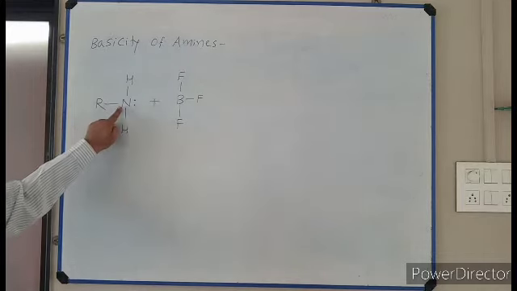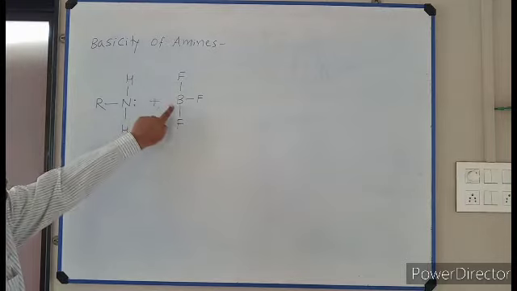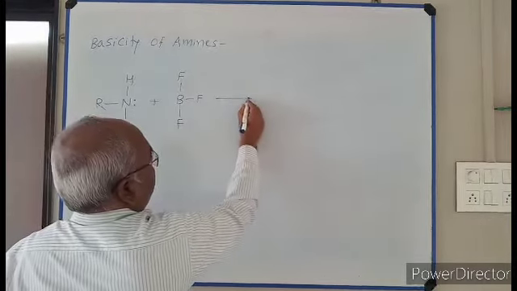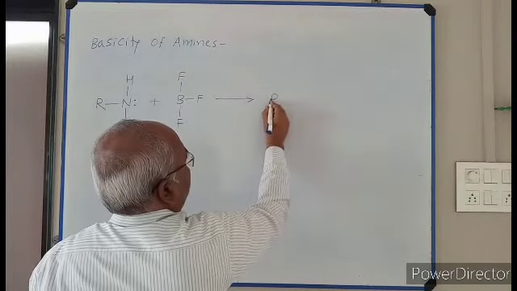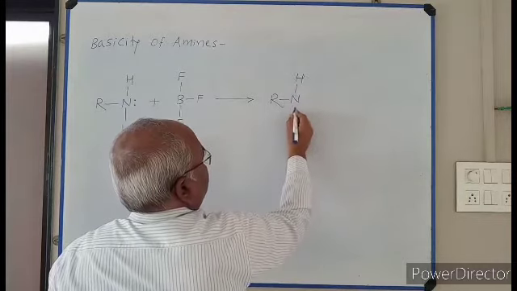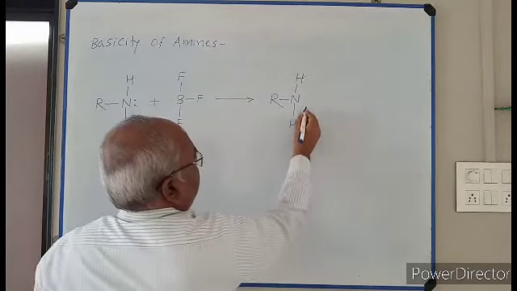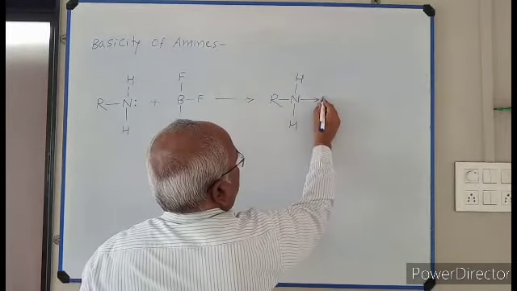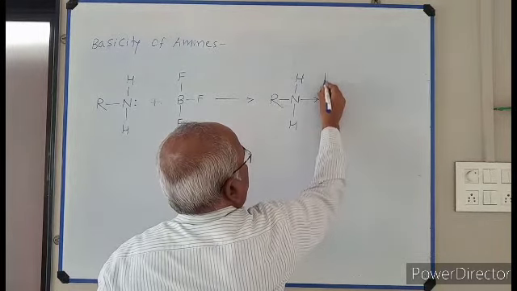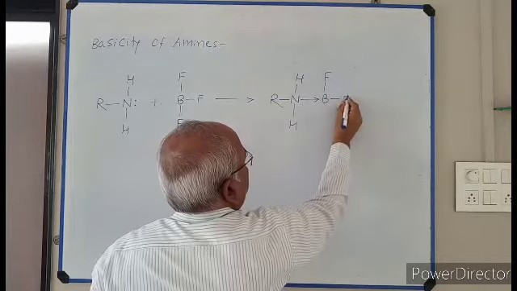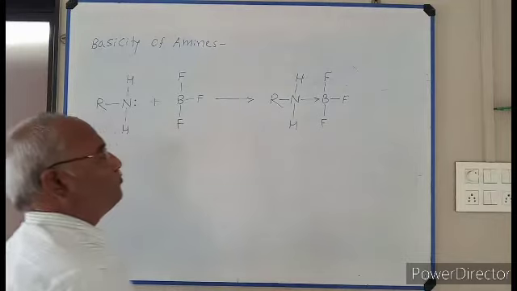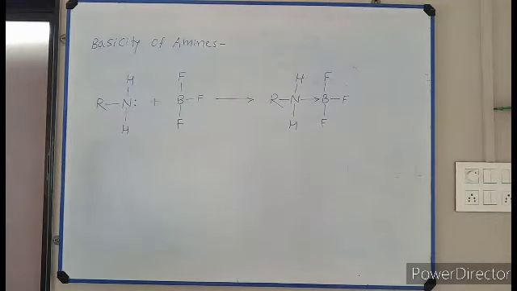This nitrogen donates the lone pair of electrons to this BF3, to this boron, and the product produced is R, N, H, H, and this compound is formed.